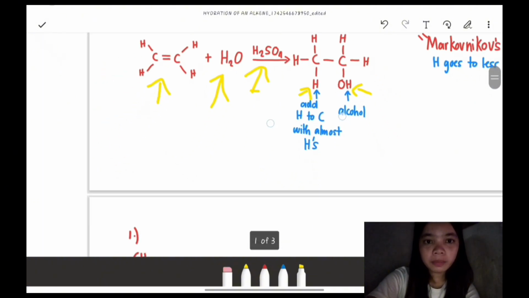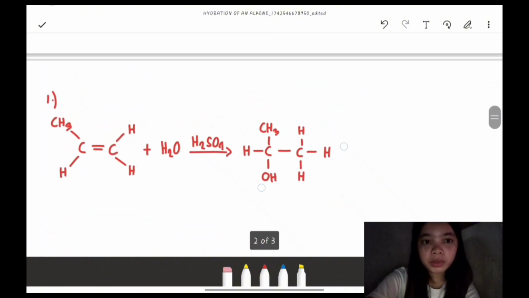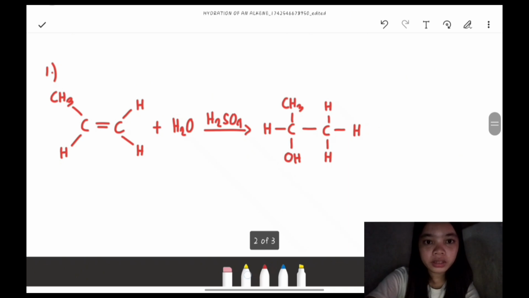So let's do some problems. Number one, we've got methyl, this is actually going to be 1, 2, 3 carbons. So we've got the prop since it's 3, and this would be 1-propene. We add the water to it in the presence of that strong acid, the sulfuric acid.